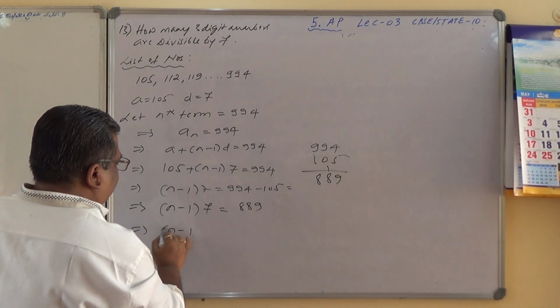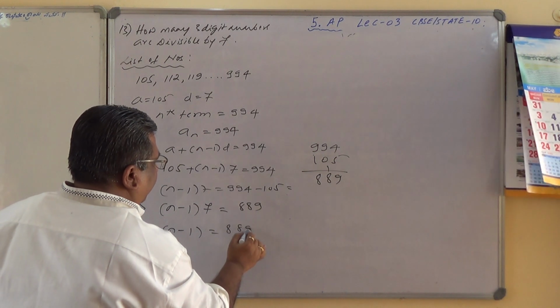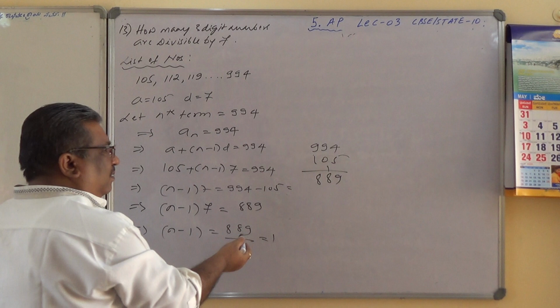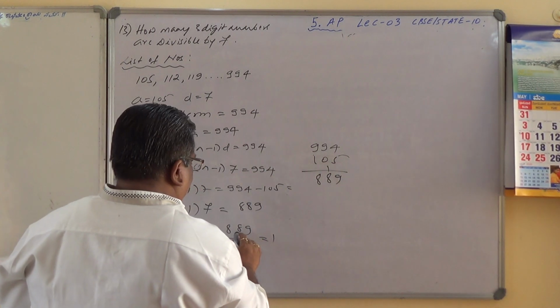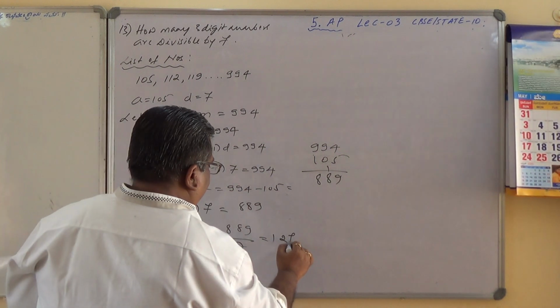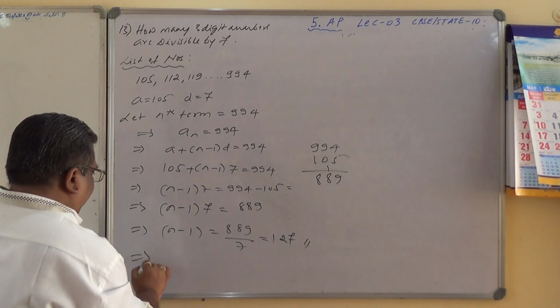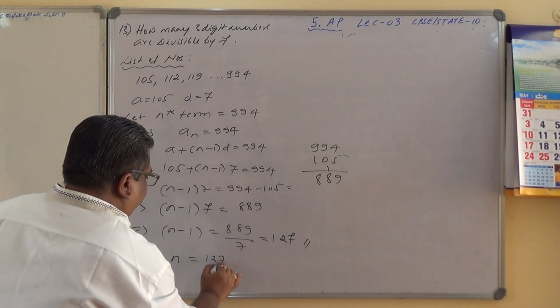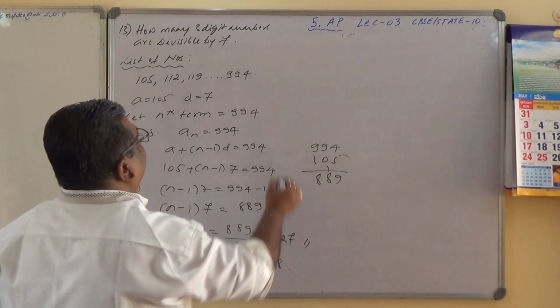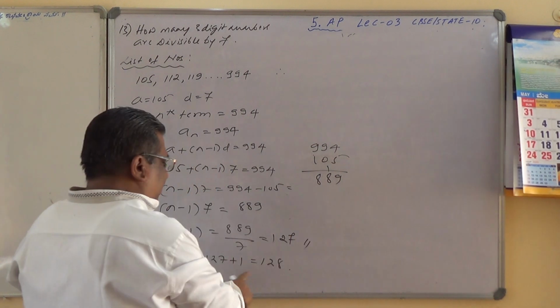Implies n minus 1 equals 889 divided by 7, which is 127. Implies n equals 127 plus 1, which equals 128, and therefore n equals 128.